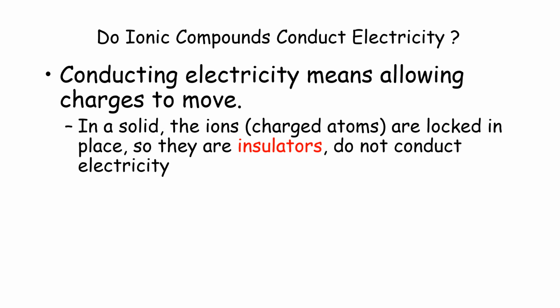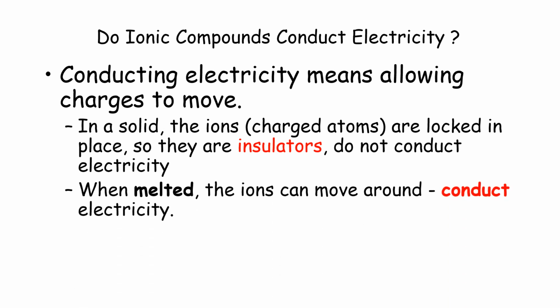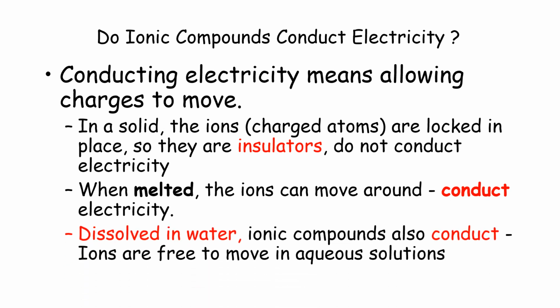They're insulators. However, when they are molten, when they're melted, the ions are allowed to move freely and they can conduct electricity. Or if they are dissolved in water and make aqueous solutions.